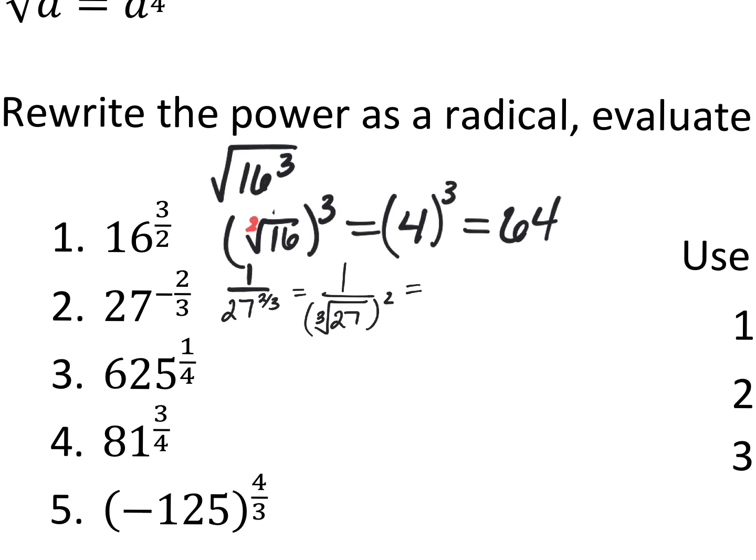If we did it the other way around and wrote the 27 squared in the radical, we can't do that in our head. But we know the cube root of 27 is what? 3. So that becomes 1 over 3 squared. And we get 1/9. Well, that's the cube root of 27, which is asking you what number cubed is 27. And that's 3.